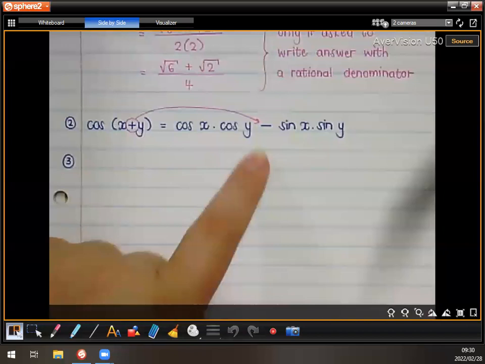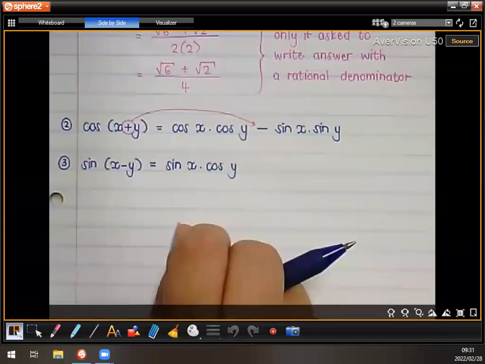Okay, so if you have cos with an x plus y, so two angles are being added together, then in your expansion there's going to be a minus. But we do have to know almost like a little proof, a derivation of this. I'm not going to do it now because I don't want to confuse you. I first want us to actually practice these.